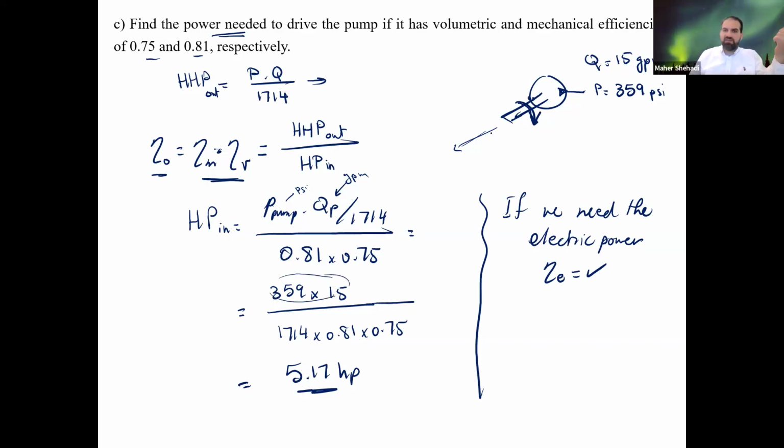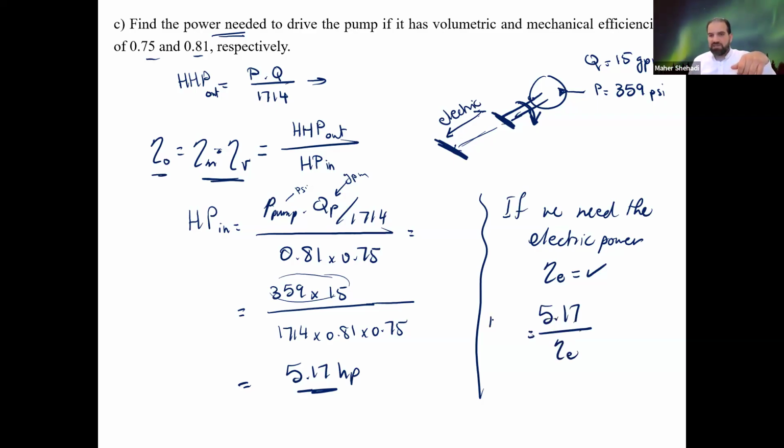And then that's the 5.17. I'm now here. I need to know how much power I have. So here we have electrical losses. So we divide that answer, the 5.17, by the electrical efficiency to know the power at this end. We won't be doing this. We're more focused on the hydraulic part, so we will only be dealing with the mechanical and volumetric efficiency.